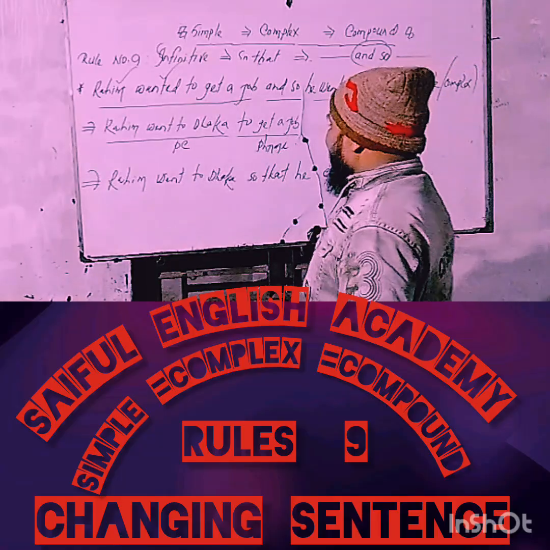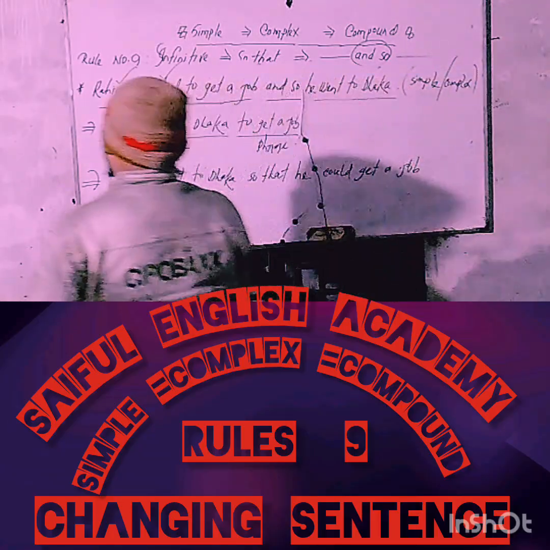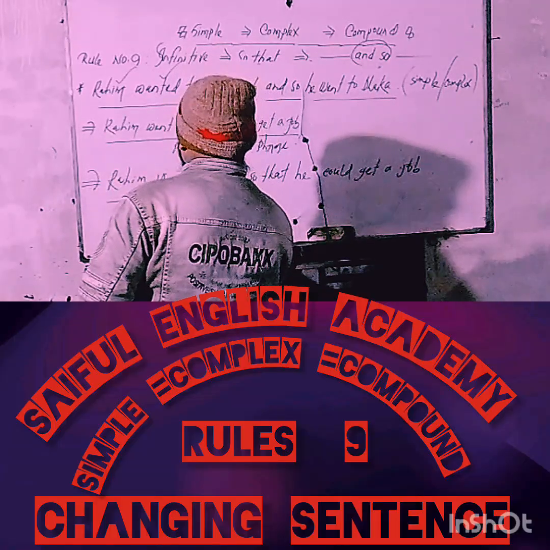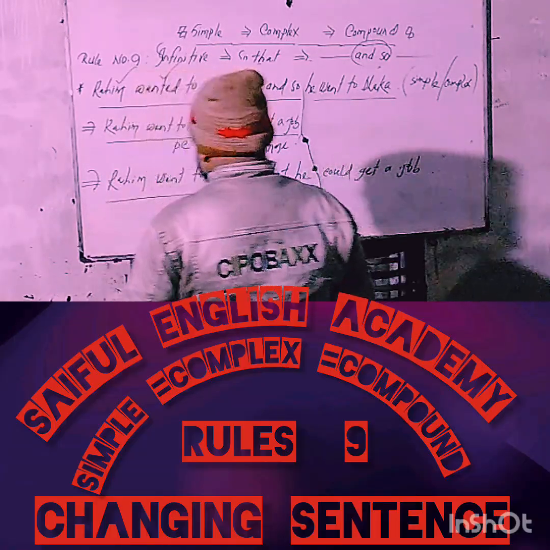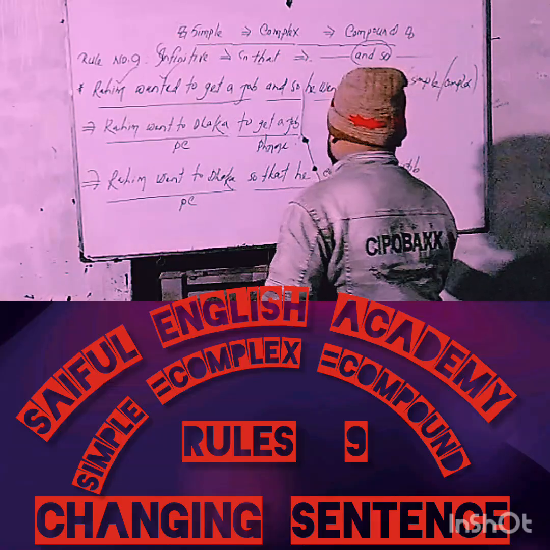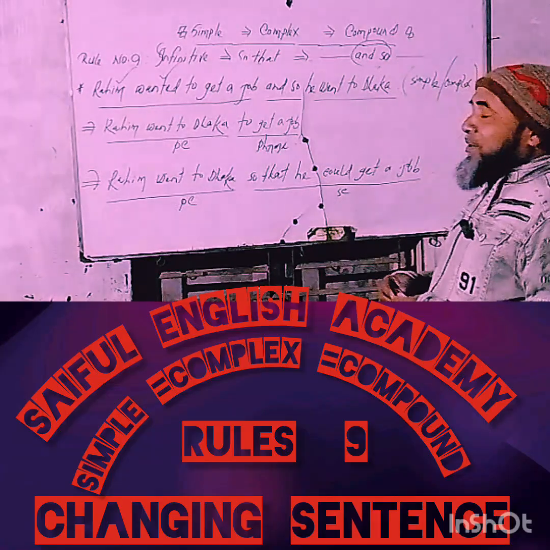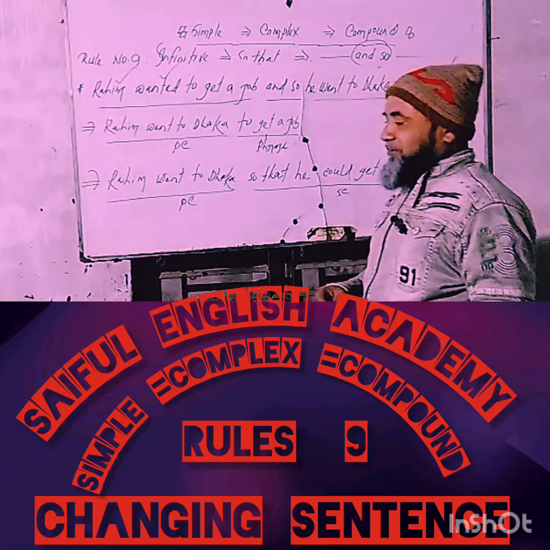And we can see that, my dear learners, this sentence has changed into a complex sentence because it has two clauses. Rahim went to Dhaka is the principal clause; so that he could get a job is the subordinate clause. I hope you have understood clearly.